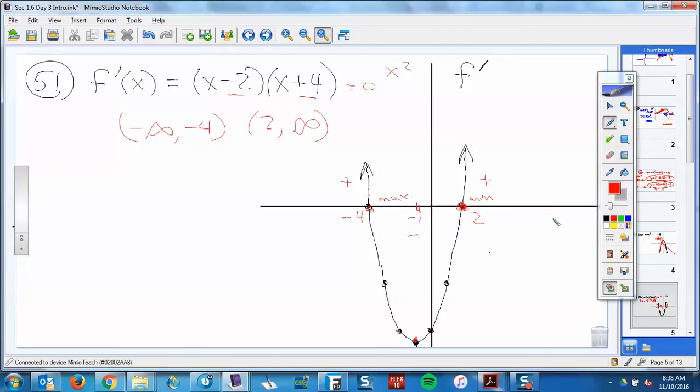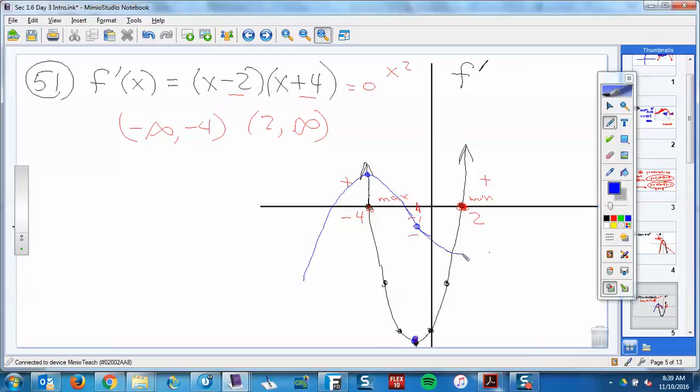Sketch a graph of F. Boy, we've done a bunch of these. So this is f prime, right? Positive, negative, positive. So the f graph's got to do what? Up, down, up. Who knows where it starts? I have no idea. So it's got to go up, it's going to have a max there, it's got to go down. It's going to have an inflection point right here.